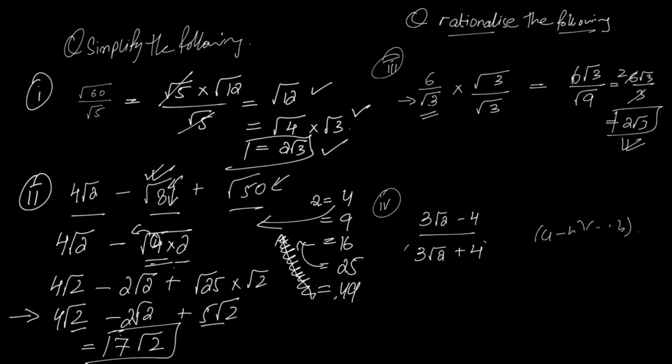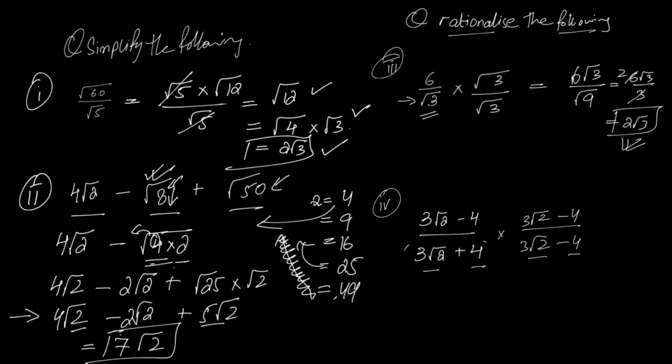So for this to happen, what we can do is we can multiply the whole thing by 3 root 2 minus 4. This was 3 root 2. Okay, so why are we doing this? Again, a minus b, a plus b will give you a square minus b square. So this is what we're doing.